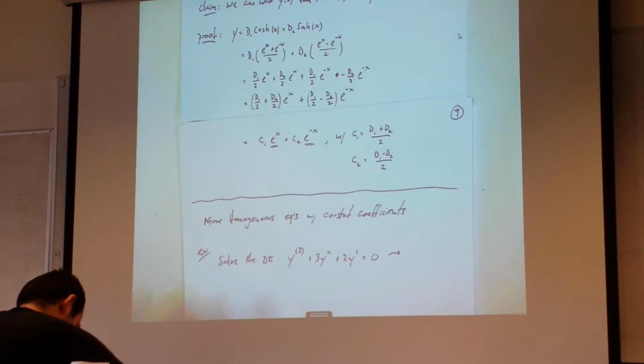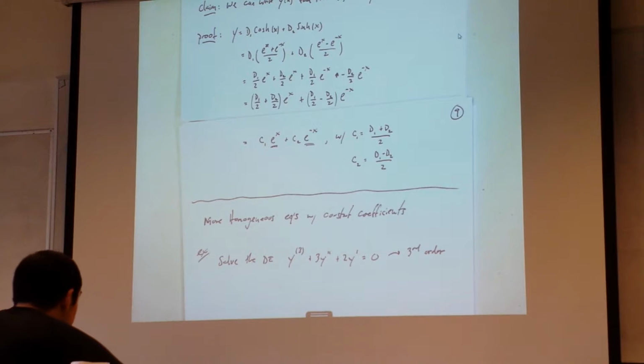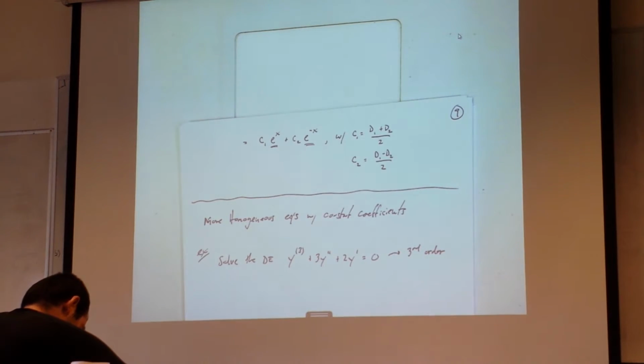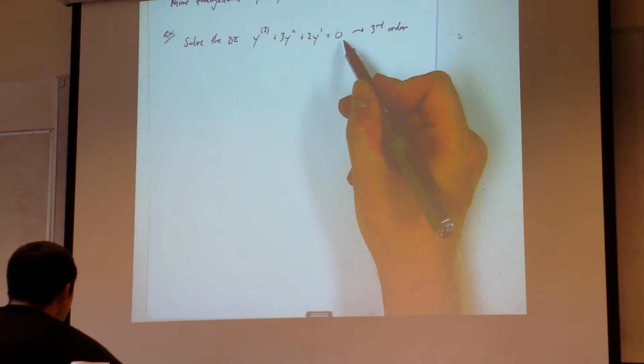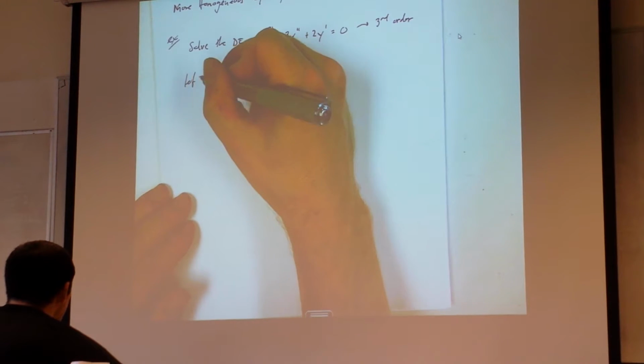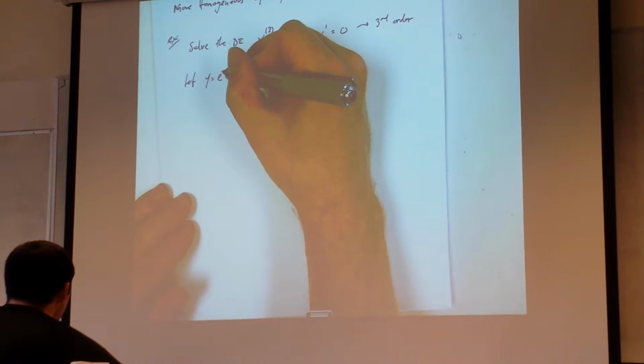So all of a sudden this is a third order equation. So linear, constant coefficients, homogeneous. We're going to try y equals e to the rx.